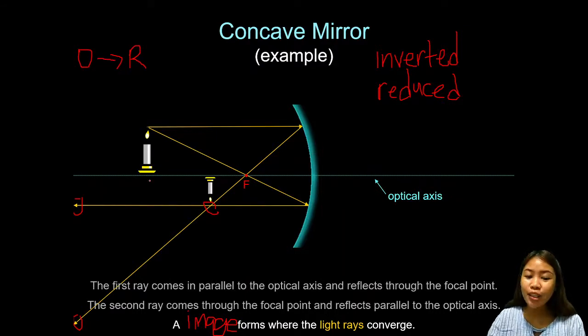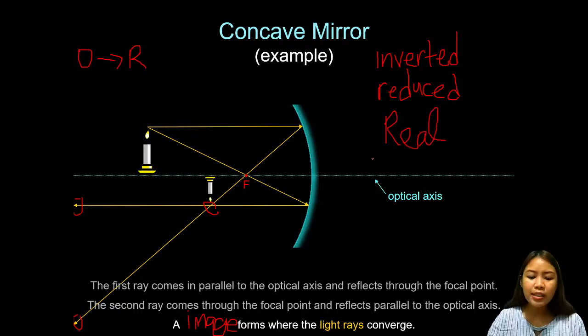Kung diin gani si object, real na siya. Kung diin gani ang sa piyak sang object, virtual na siya. Okay. Now, if you're going to take a look here on our diagram, we have here the image which is located on the object's side. Therefore, this image is real.